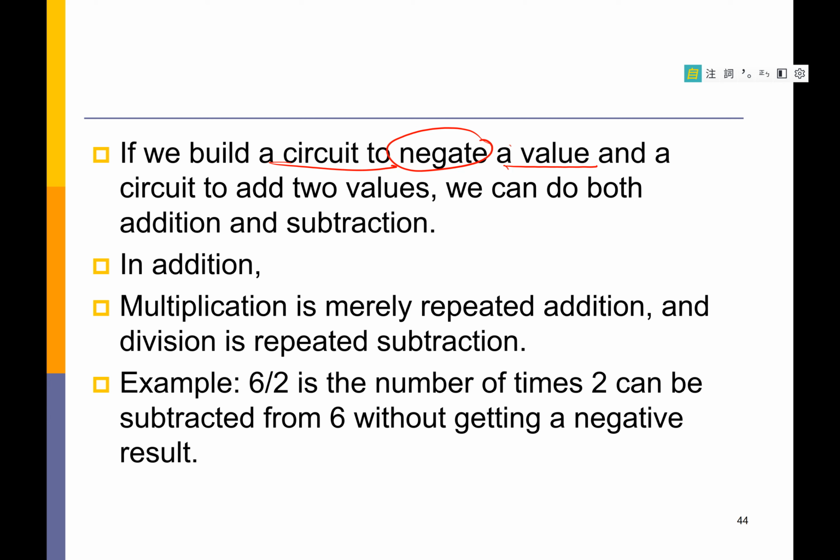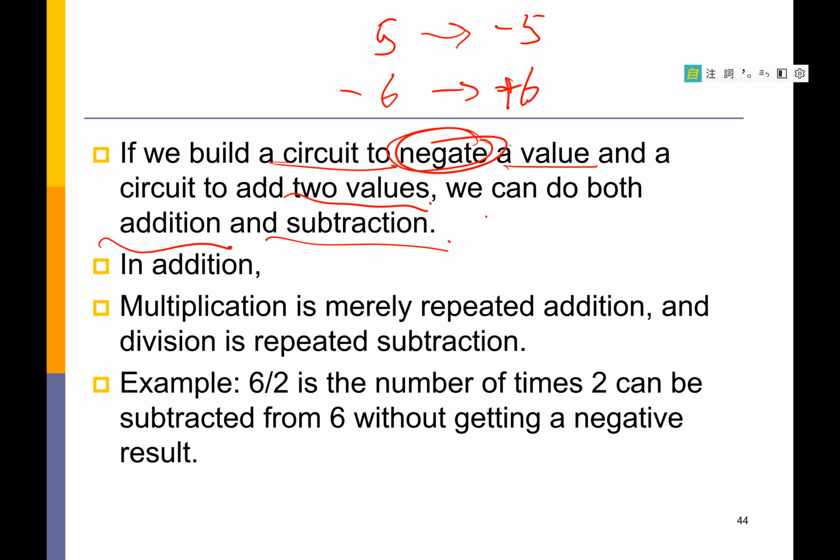Negate means change the sign. We have positive 5, we change it into negative 5. We have a negative 6, we change it into positive 6. Okay? This is called negate. Okay, change signs. And a circuit that adds two values can do both addition and subtraction. In addition, multiplication is just repeating the addition.